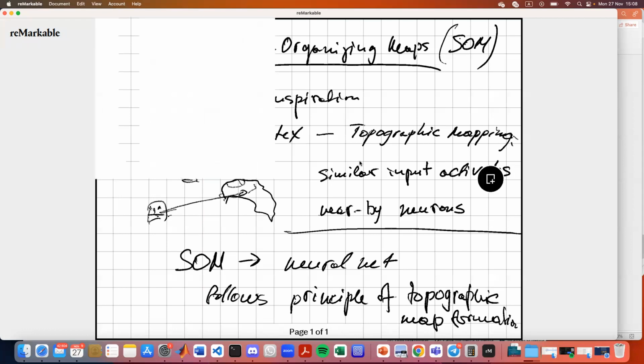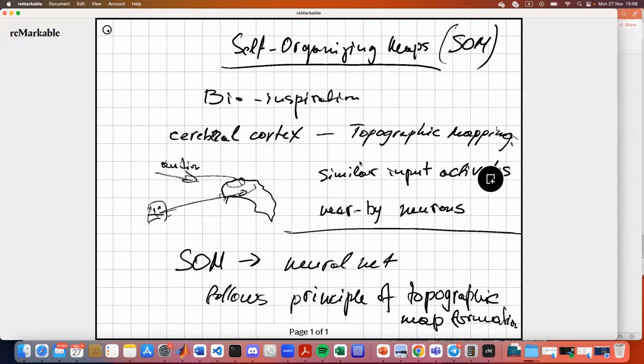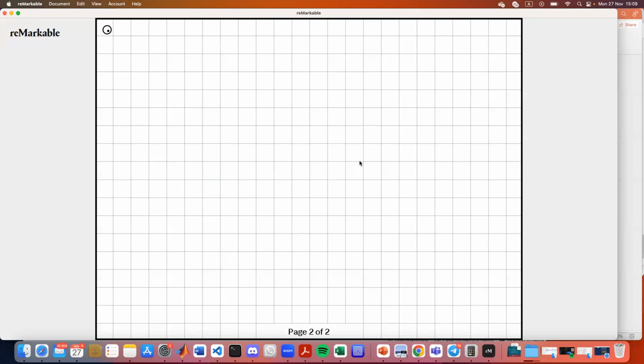So what does it mean? That was the inspiration, the overall idea of SOM.